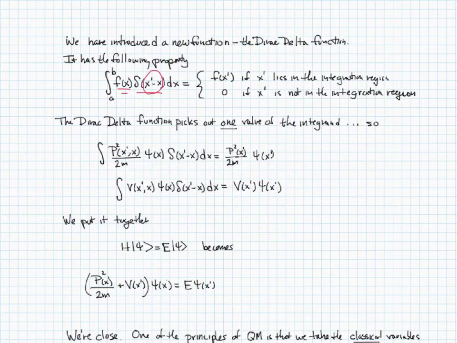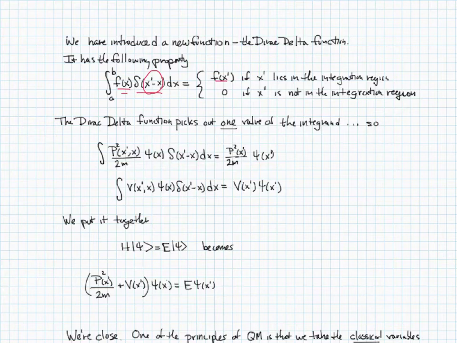So the result of this integral is f of x prime if x prime is in between a and b, or 0 if x prime is not in between. So it's really quite simple. It picks out a spot. It's like a spike that picks out a value in the integration. It only has one value.